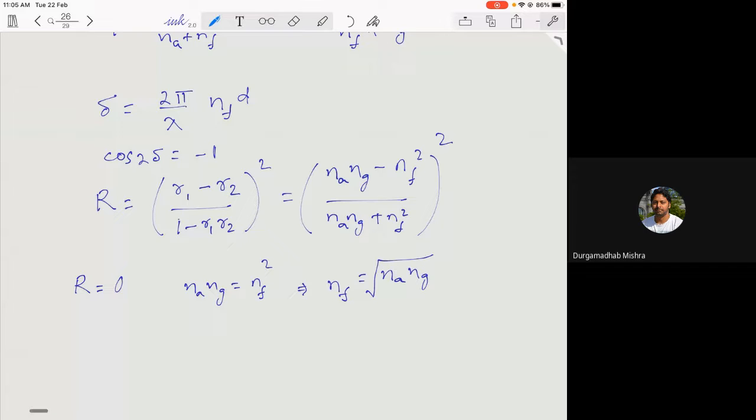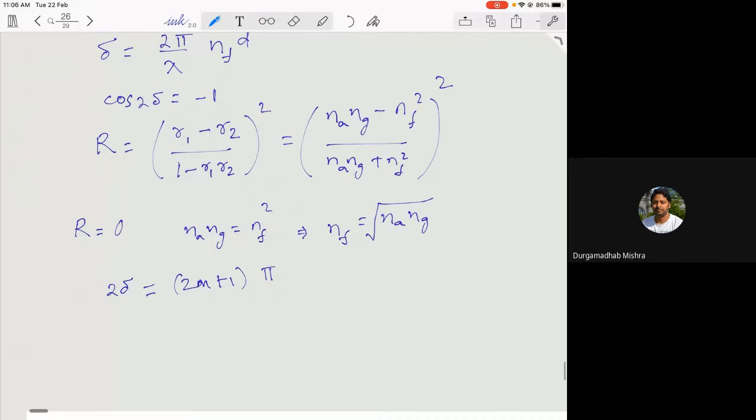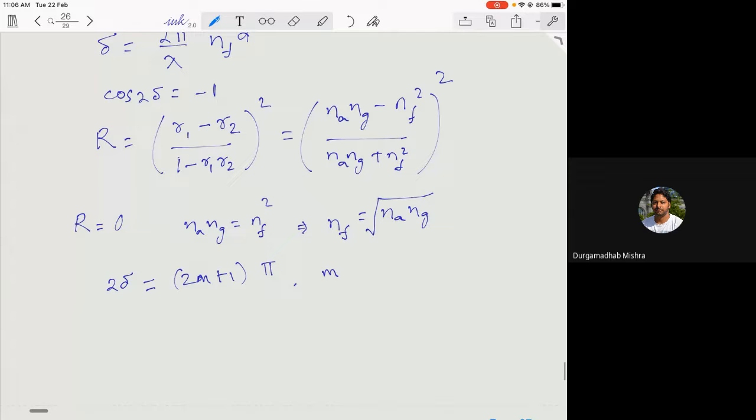Now, the other condition is the destructive interference, meaning cosine 2 delta is -1. That means the phase difference is an odd multiple of pi, where m is equal to 0, 1, 2, and so on.